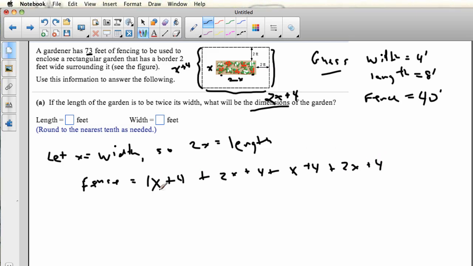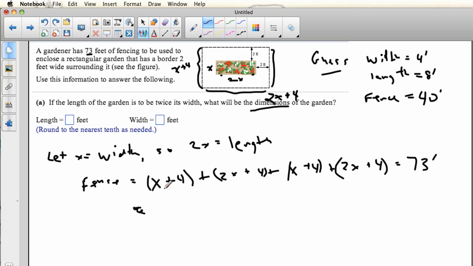Those are 4 quantities. I really should put them in parentheses since they're separate quantities, but when you're adding numbers, the parentheses really don't do anything. Oh, I'm sorry, and I want that to be equal to 73. Right, I want to use all my fencing. So the amount of fencing I need is this expression of x, and I want that to be equal to 73.